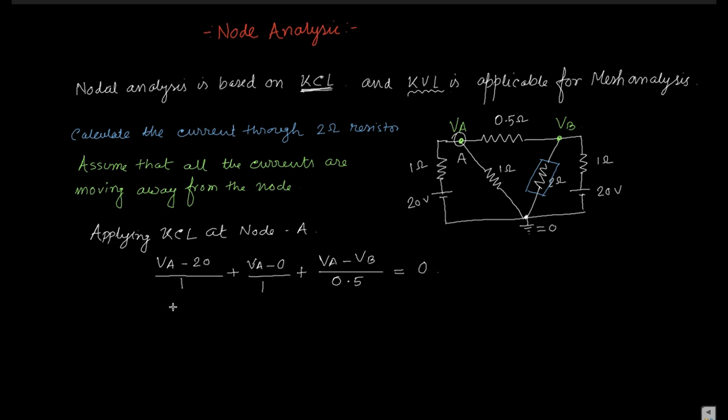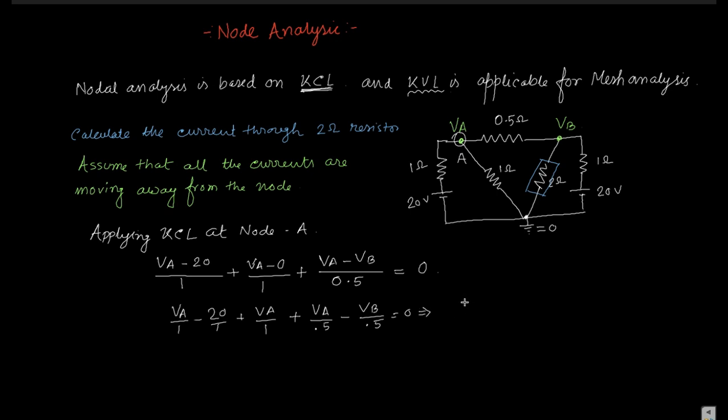So it is VA by 1 minus 20 by 1 plus VA by 1. You can take it VA by 1 plus VA by 0.5 minus VB by 0.5 should be equal to 0. We can simplify this.